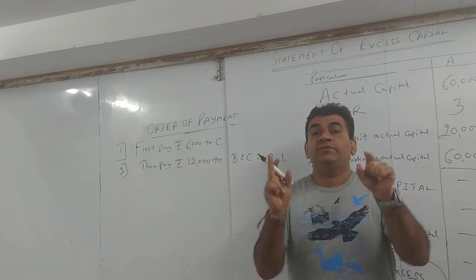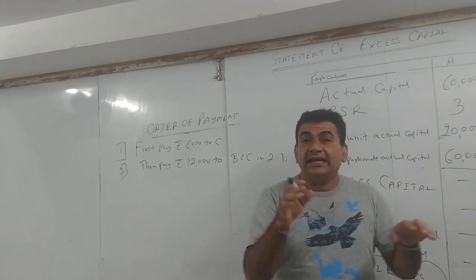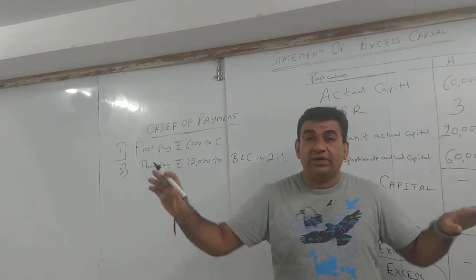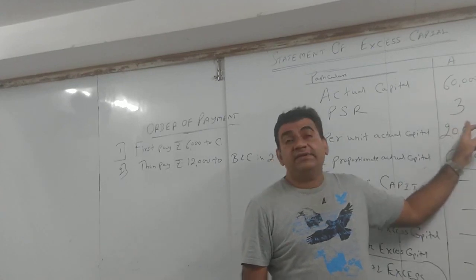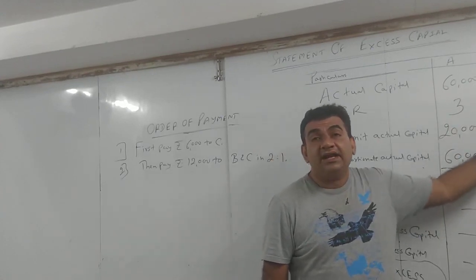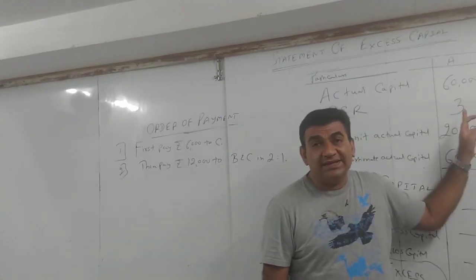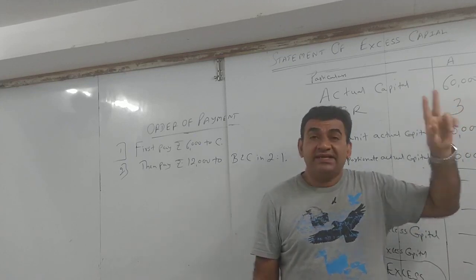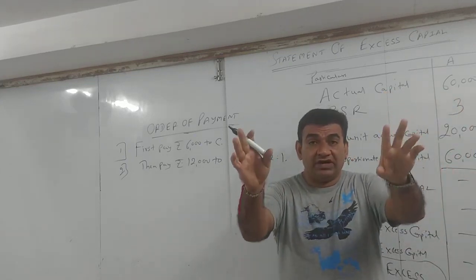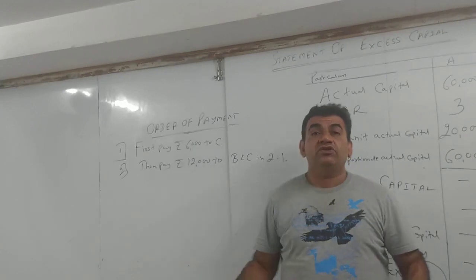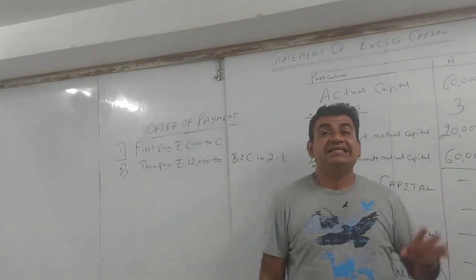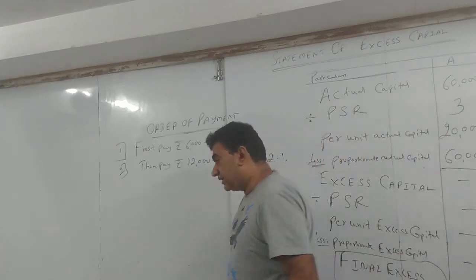But when you pay everybody, it doesn't mean you have to pay them equally. You will pay them in the ratio of their profit sharing, that means in PSR. Whatever is the amount left, in the third order you have to pay all the partners in their respective PSR.